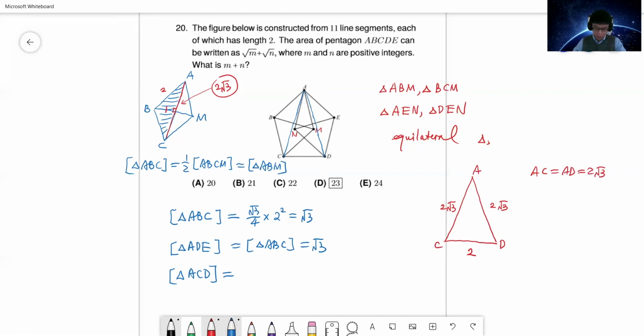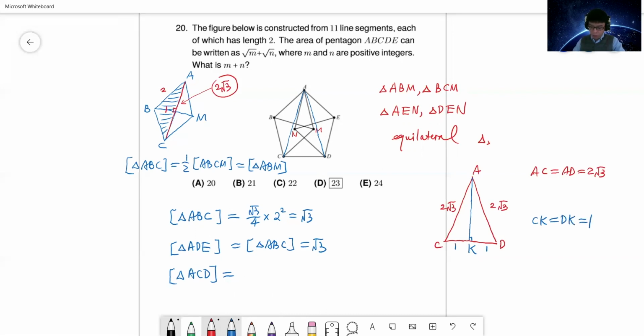Next, we can find the height, the altitude from A to CD. Let's call this M. Okay, we should change the notation. We call it K. So K is the midpoint of CD, equals 1.